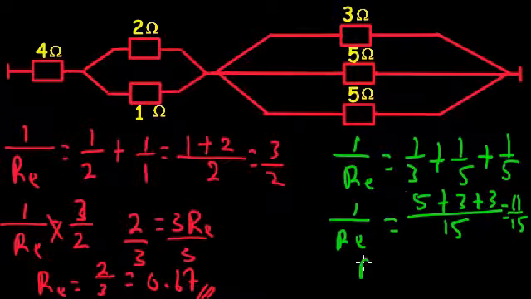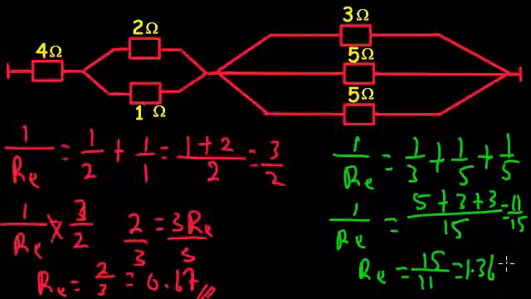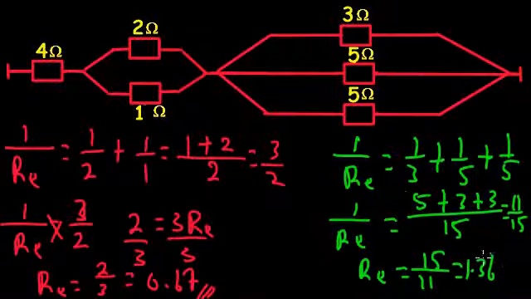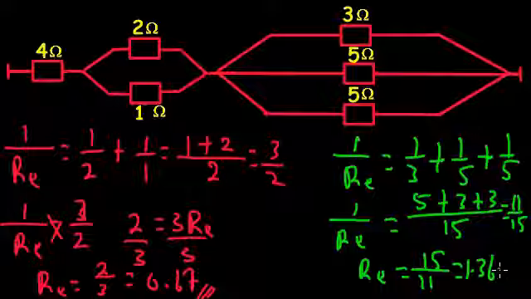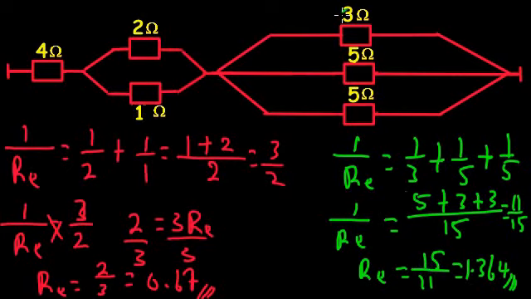And eventually R_eq, if you do the cross multiplication, should be equal to 15 over 11. If I type that into my calculator, 15 divided by 11 equals 1.36 repeating. Since we are not dealing with rational numbers, let's just have 1.364. Perfect.